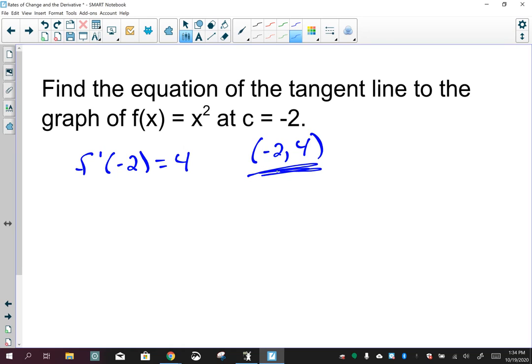So I have a point and I have a slope. Now I'm going to use my point slope form. I'm going to say y minus 4 is equal to 4 times x plus 2.